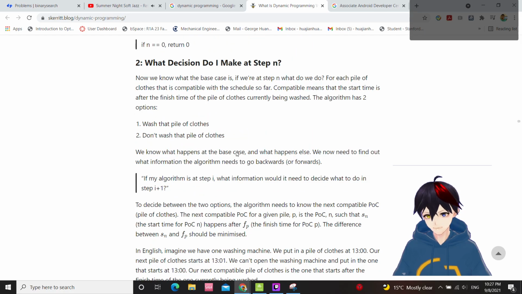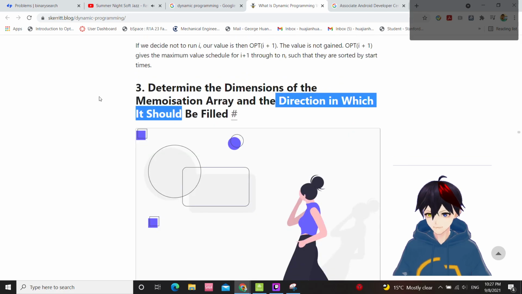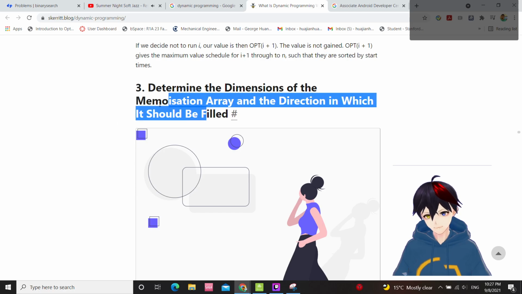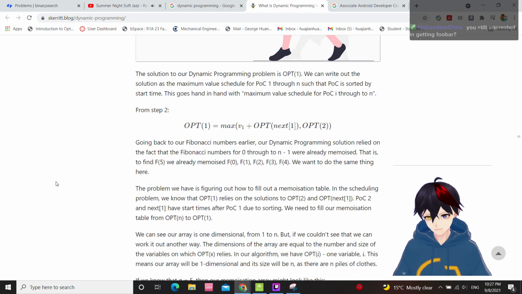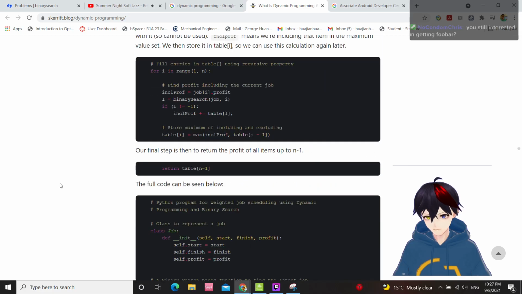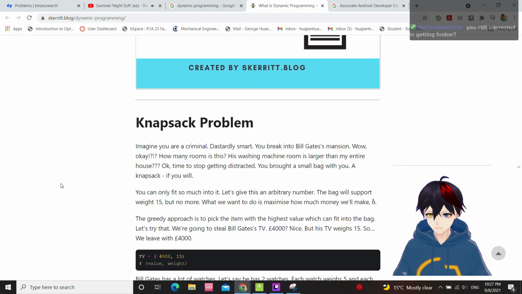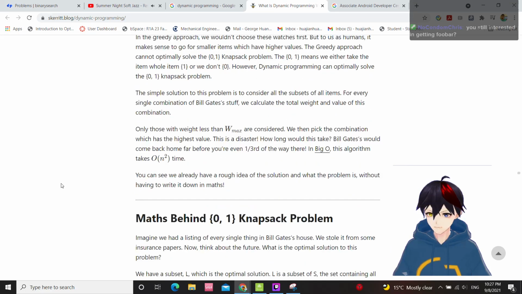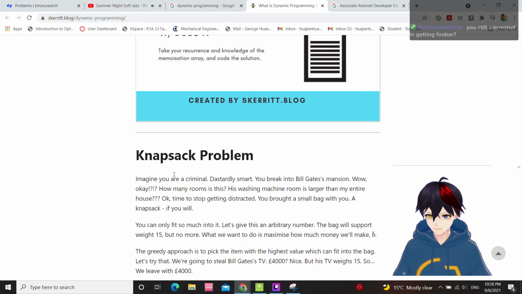Yeah, all that. Like, I don't care about the steps. Animations array, in which direction it should be filled, okay. Not useful. Stack.